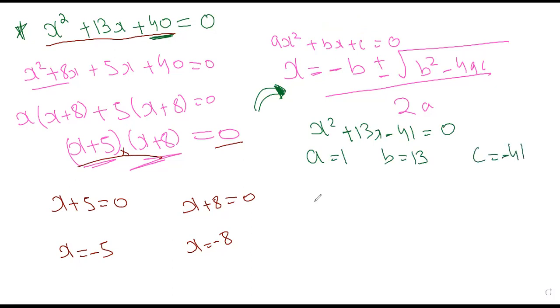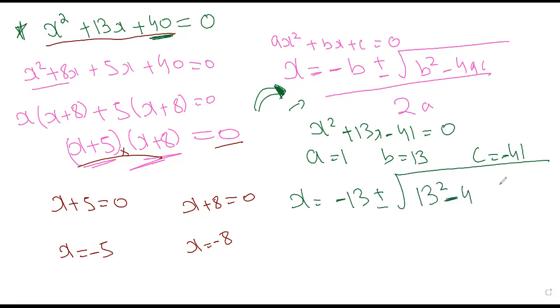So if I use the formula, what would I get? x equals minus b, minus 13, plus minus under root 13 square minus 4ac over 2a, right? Is this correct? Yes.